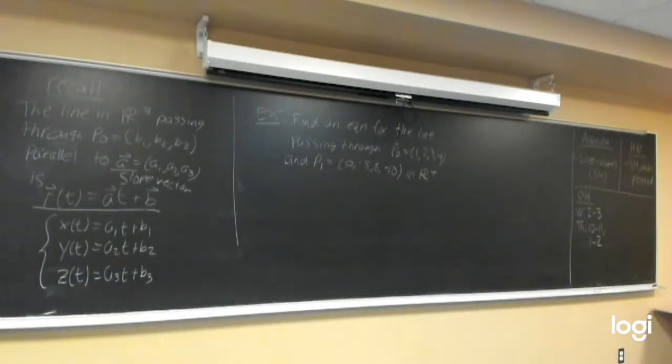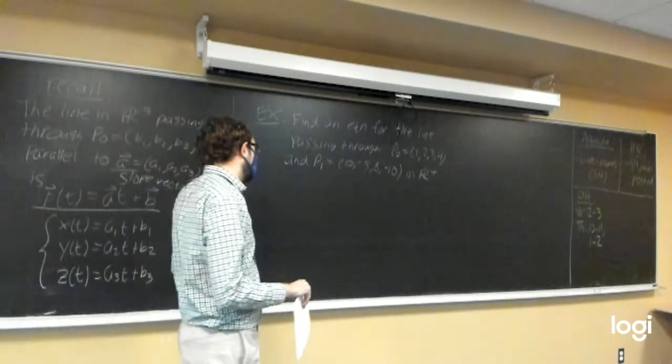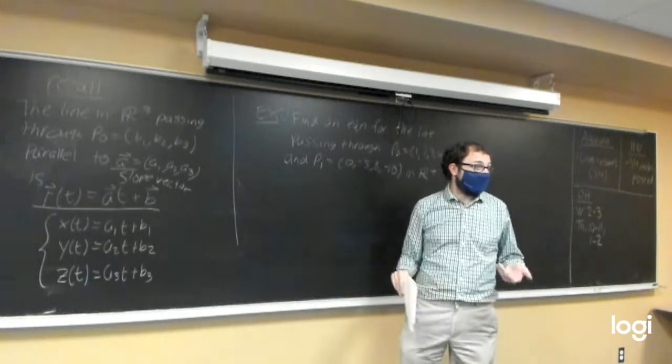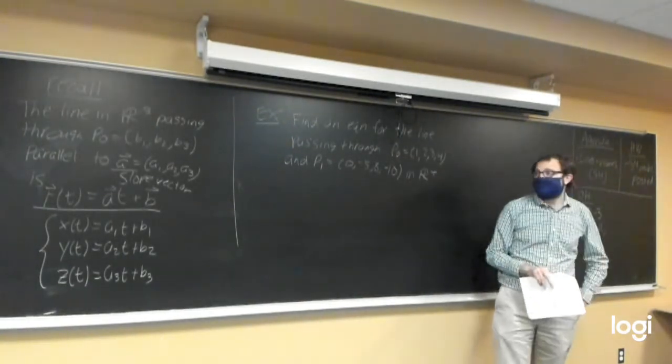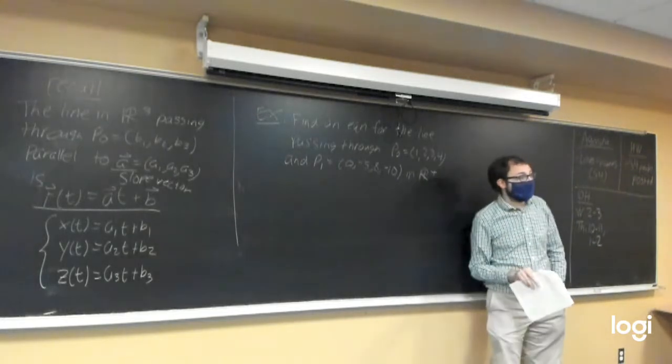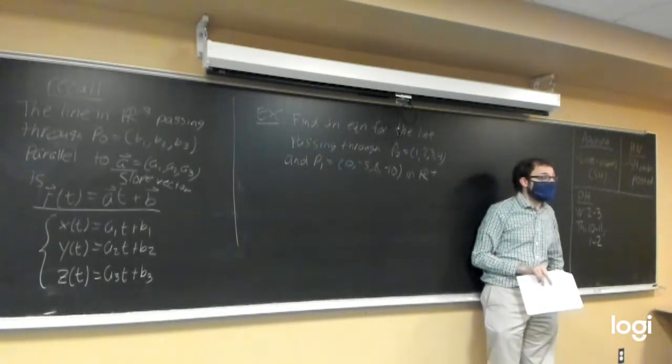This one's a little bit different than the problems we were looking at towards the end of class on Monday. In those problems, we were explicitly given a slope vector and a point on our line, and asked to find an equation for the line. This one's trickier, because we're not given a point and a slope vector.